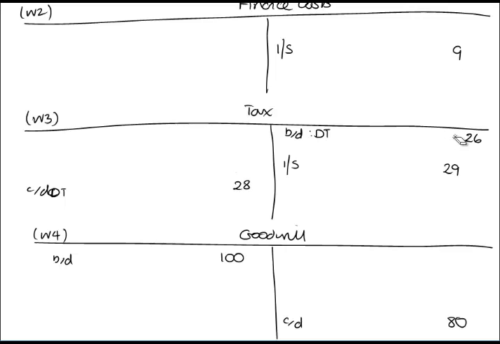So all I'm doing is just slotting in numbers from the question. Next we've got long-term provisions. I've referenced that to the pensions note. So I'm going to deal with that when I get to the pensions note, because I think the pensions note is going to solve everything for me.